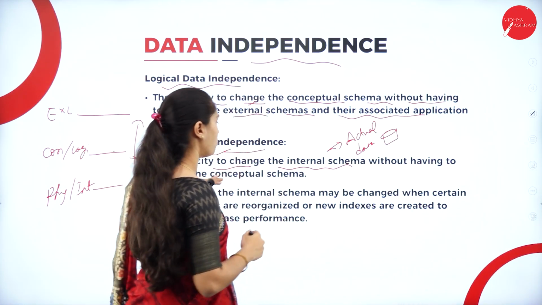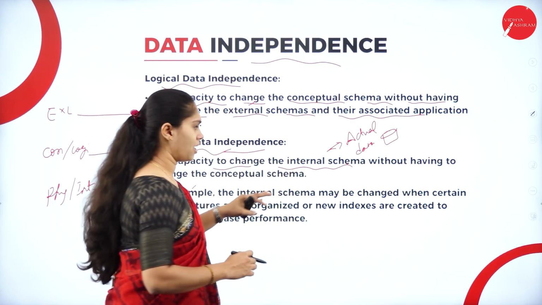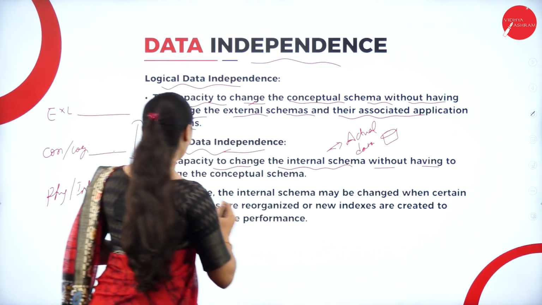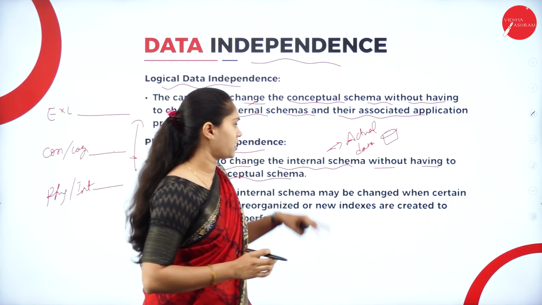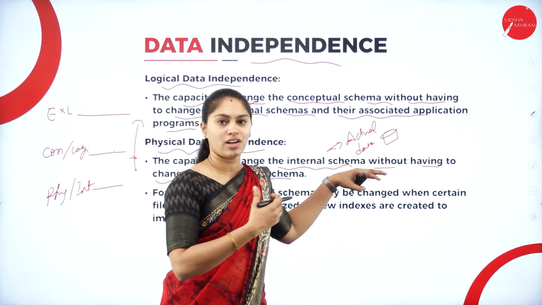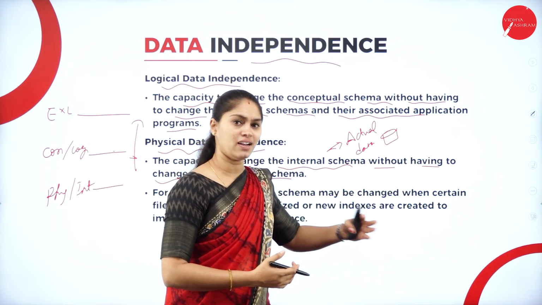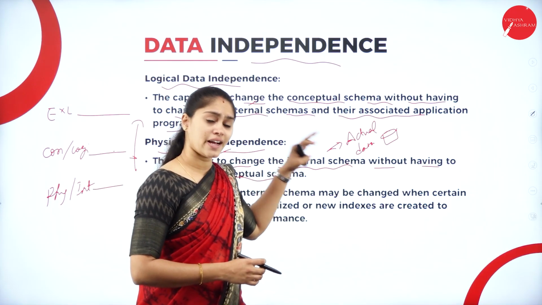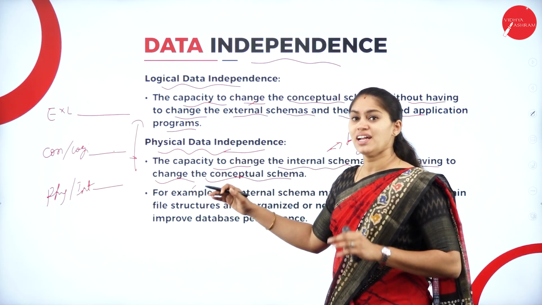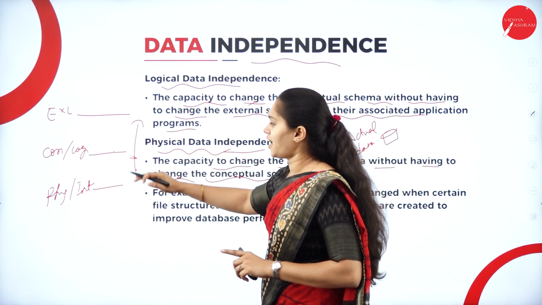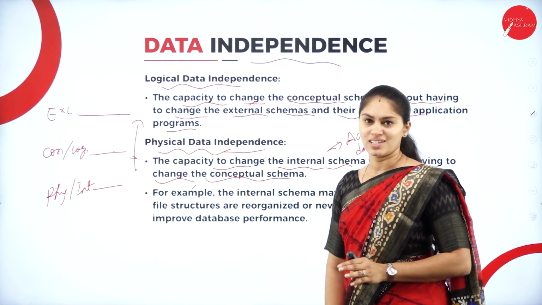If I make any modification to the internal schema without having to change the conceptual schema, such as changes to my records, the ordering of records, indexes, or access paths, that should not change the constraints or the structure of data at the conceptual or logical level.